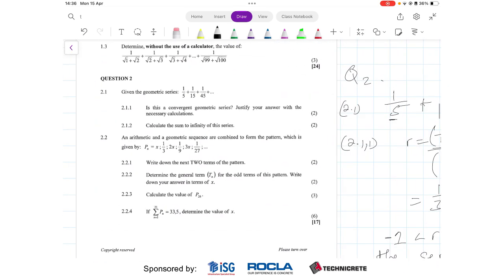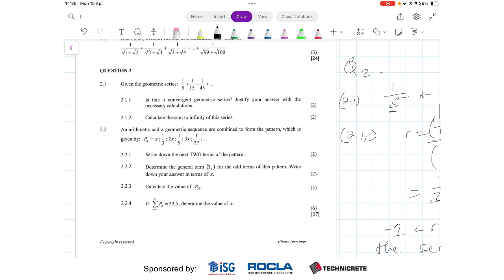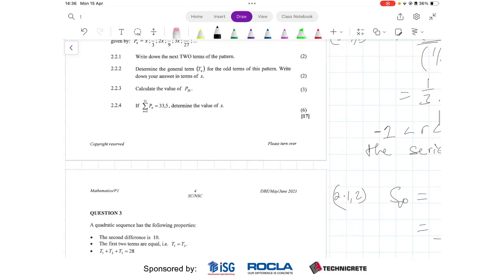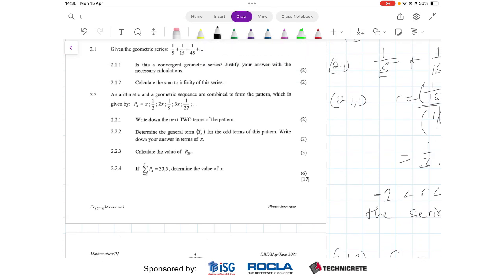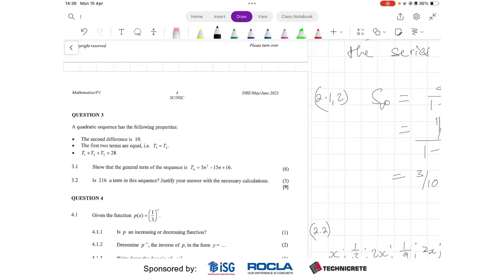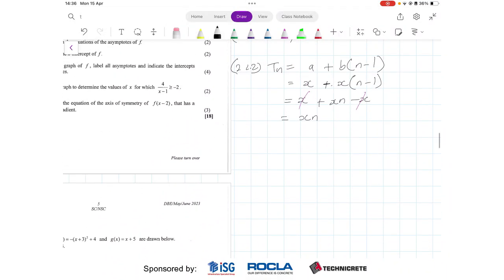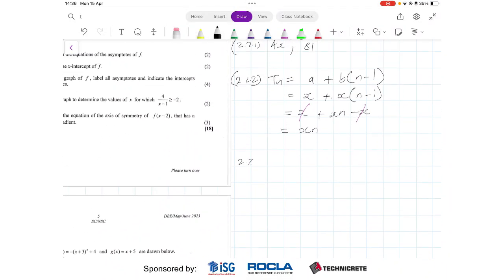What does the third question want us to do? 2.2.3. We are asked to determine P26.